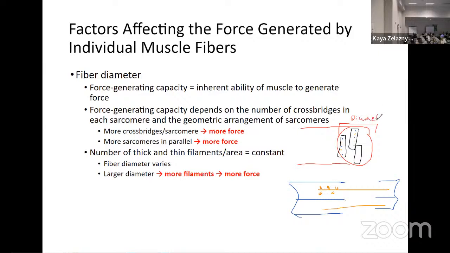If you make it wider, you can put more sarcomeres in parallel. You could add more and more as this fiber gets wider. So if we have a wider fiber diameter, a larger fiber, we're going to be able to generate more force because we have more sarcomeres and therefore more cross bridges.